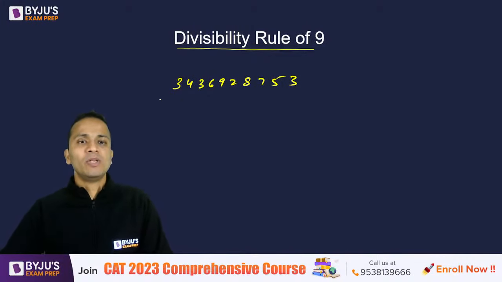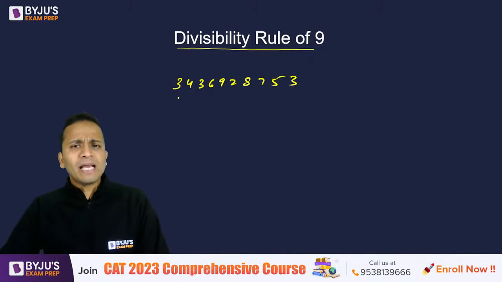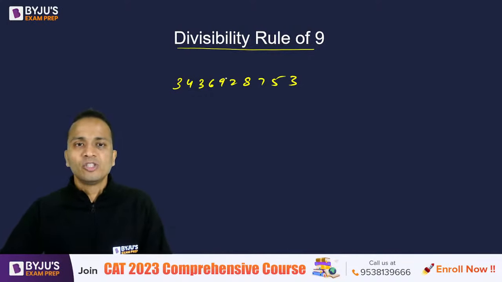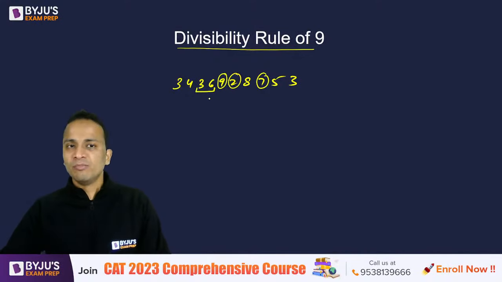All right. So let's first of all calculate the digital sum of this entire number. So to calculate digital sum, again I can remove 9. So 9 can be removed, so one 9 is removed. Then 2 plus 7 is also 9. I can remove that. 6 plus 3 is 9. I can remove that.